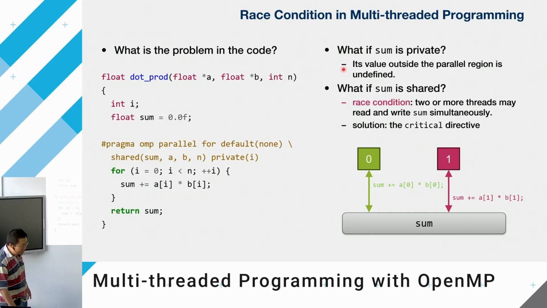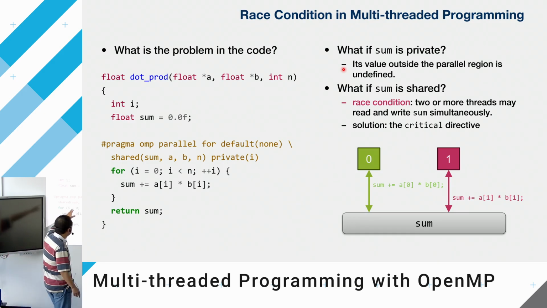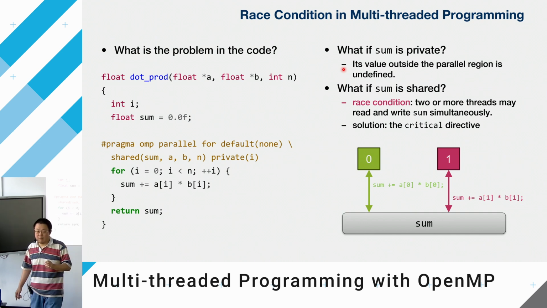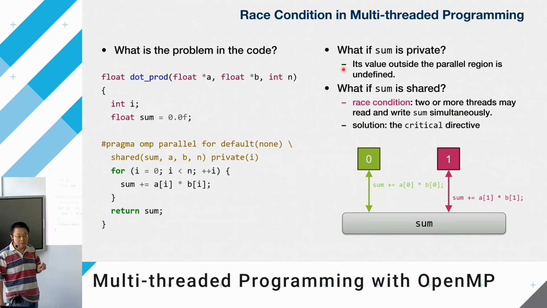Why? Because if the sum is in the private section, this private variable is only available in the parallel region. But you need the result outside of the parallel region, for the synchronization, the fork and join. You need to join at the end of the day, so you cannot put it into private.